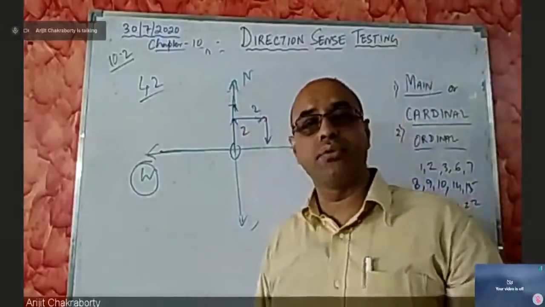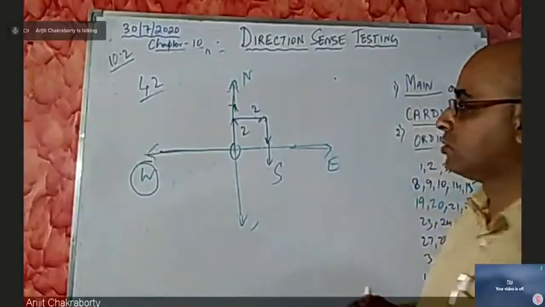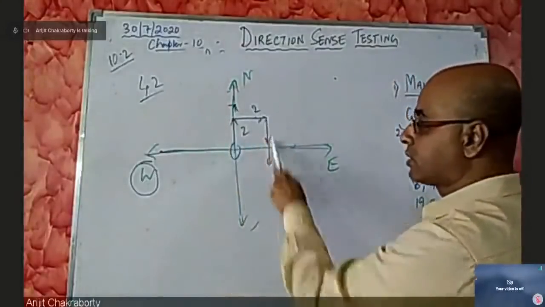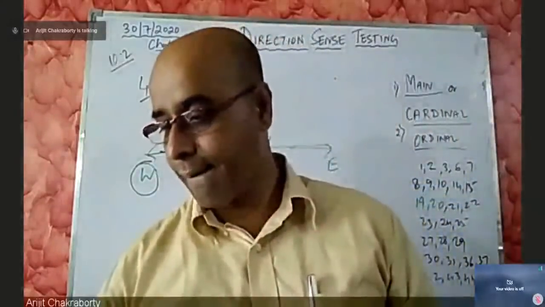In which direction is she facing now? No doubt about it, facing south. So she started from here, went up, takes a right turn, comes here, takes another right turn, comes down, south. No question about it, 44 is done.